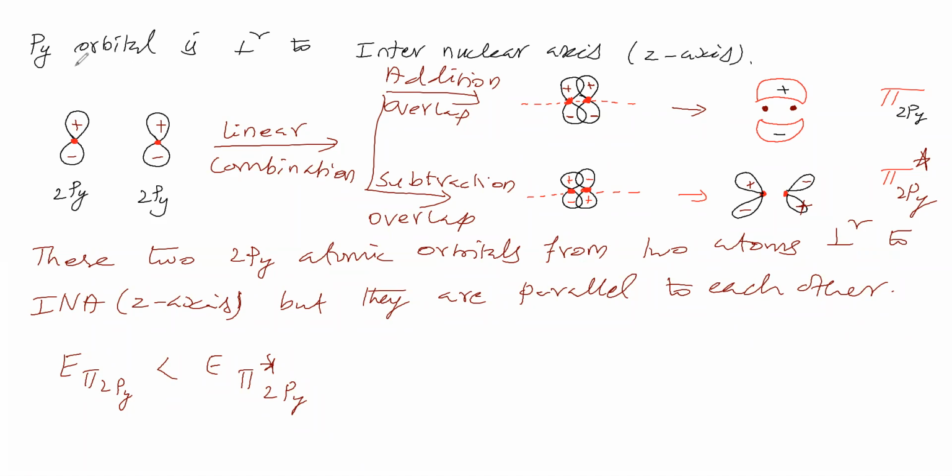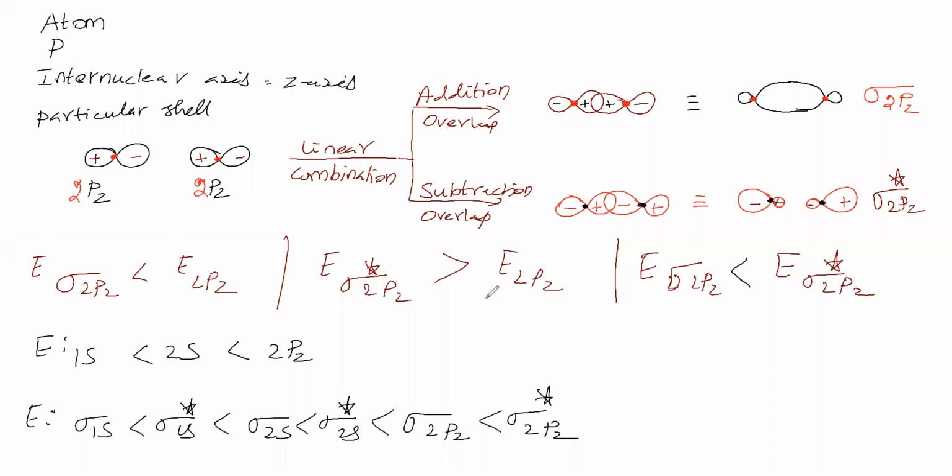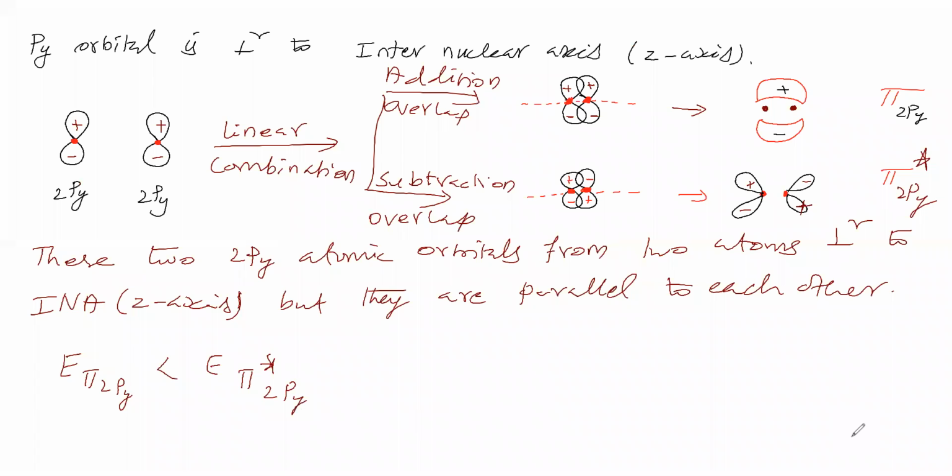Now we have seen the py orbital and the pz orbital. Now we will take the px orbital, and see how the px orbital will be. This is one 2px orbital, and this is another 2px orbital.